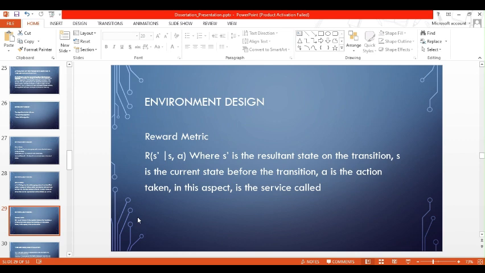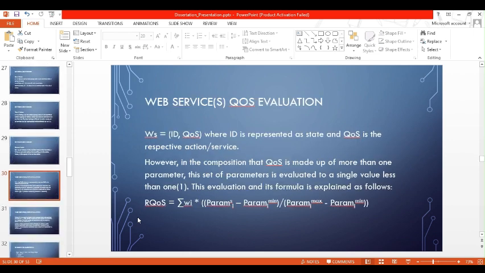Then we have the reward matrix to define. In the reward matrix definition here, we have to evaluate the QoS. QoS is the quality of service. The quality of service here has to do with the parameters that define the quality or how good a service is.